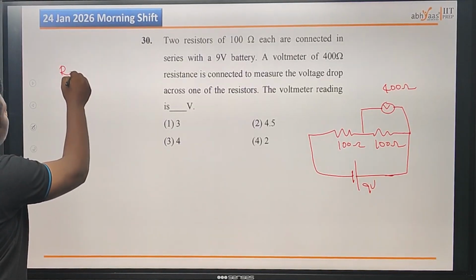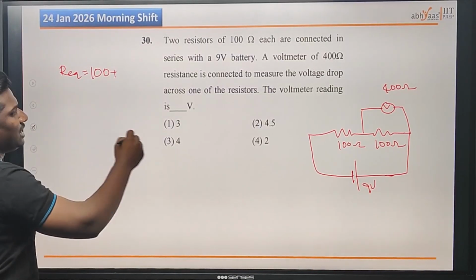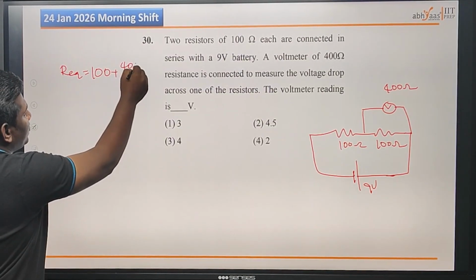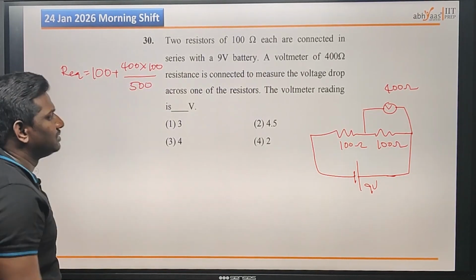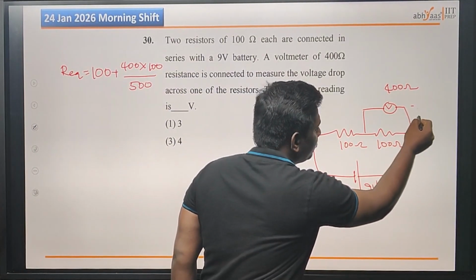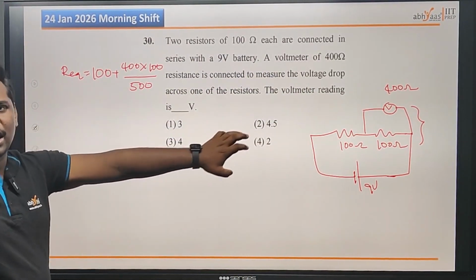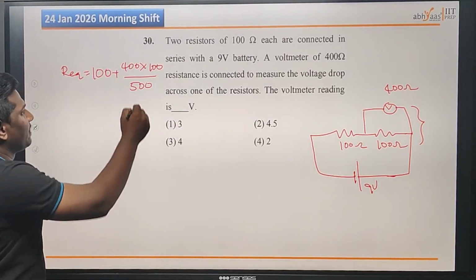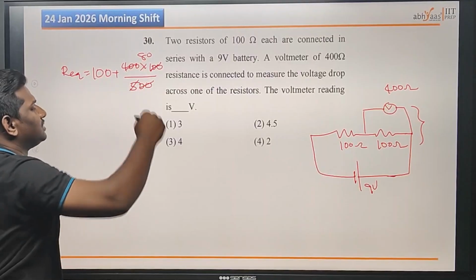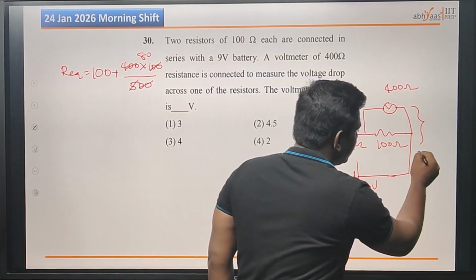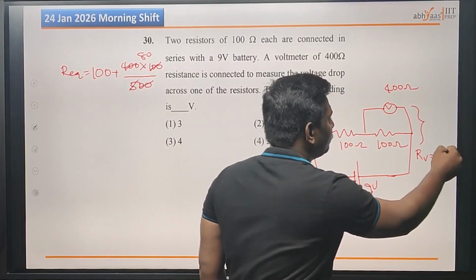R equivalent is 100 plus 400 into 100 by 500, which is the resistance of the voltmeter together with the 100 ohm resistor. So 100 is cancelled, and we get 80 ohm. Remember this resistance.